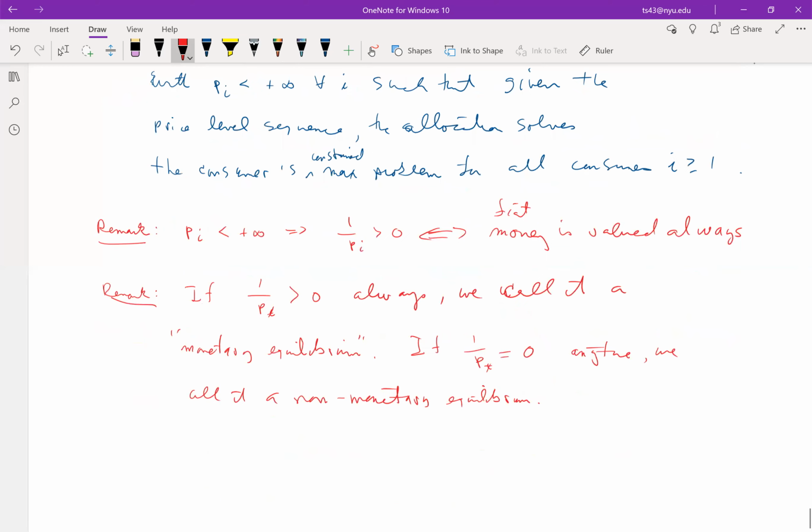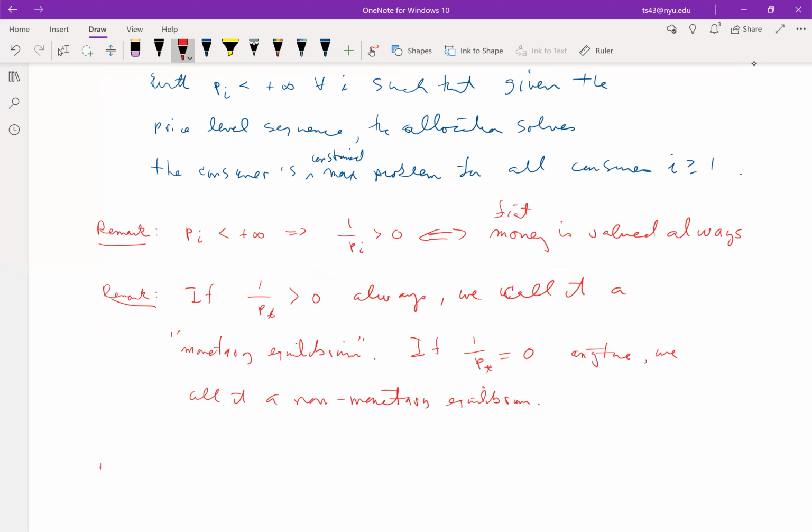Another remark is, we know how to compute an equilibrium.